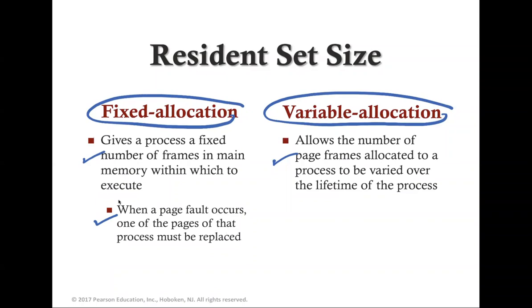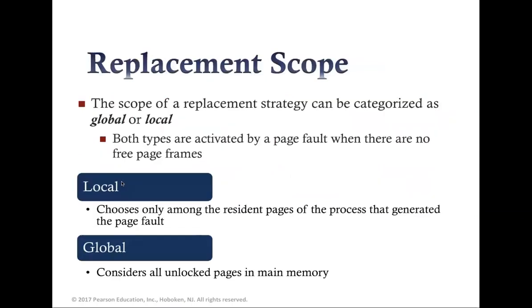So as we talked about the resident set and whether a fixed allocation or variable allocation would be an option, let's now talk about the replacement scope. The scope of a replacement strategy can be categorized as either local or global. Both types of policies are activated by a page fault when there are no free page frames.